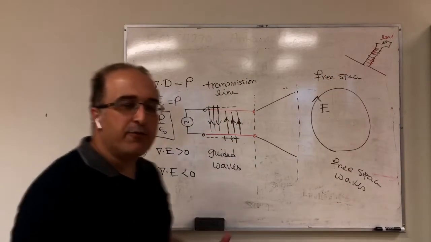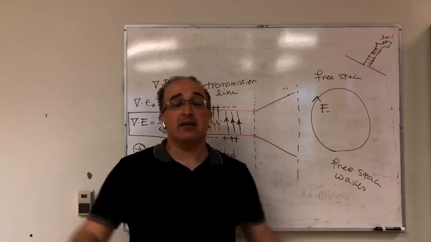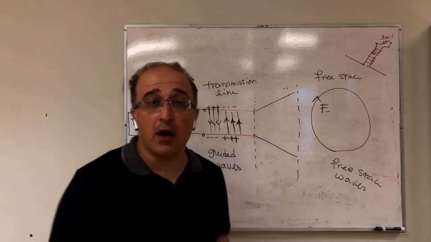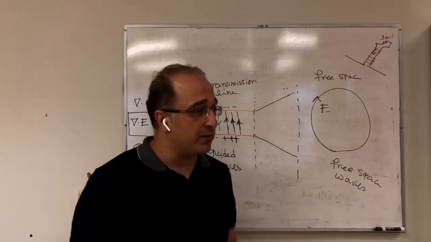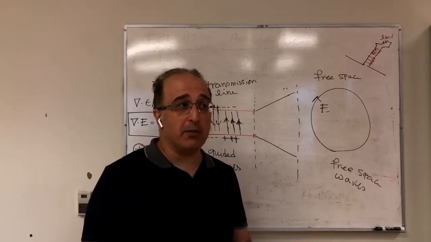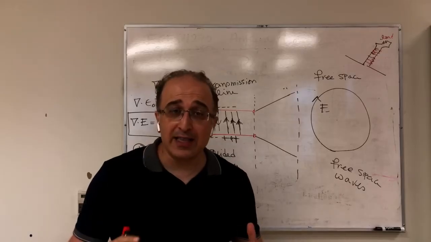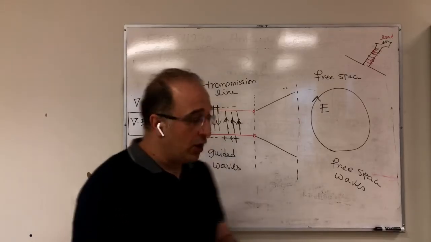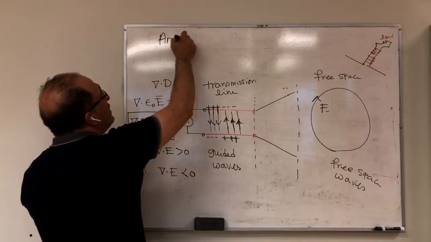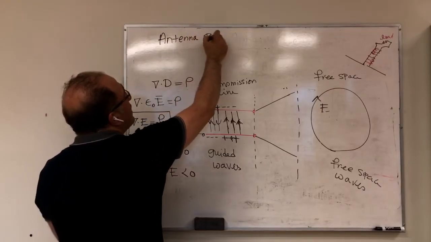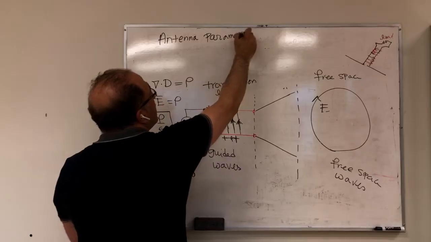Now, the first thing that we need to do with antennas, before learning how to design antennas, before learning some mathematical fundamentals of antennas, is to understand the parameters of the antenna. So what are the antenna parameters? That's very important for us, and I'm going to tell you why.